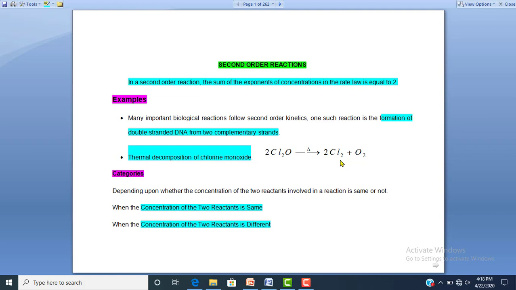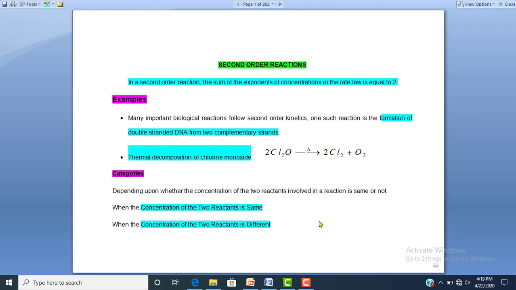Dear students, second order reactions are of two categories. Number 1, when the concentration of two reactants is the same. Here concentration means initial concentration. Secondly, when the concentrations of the two reactants are different.